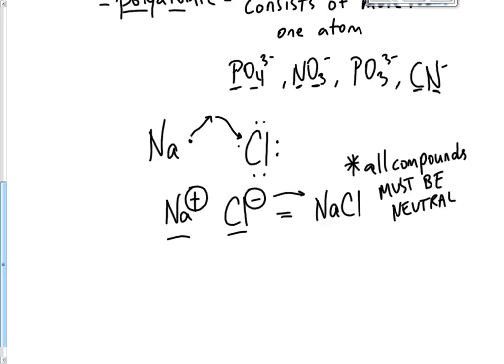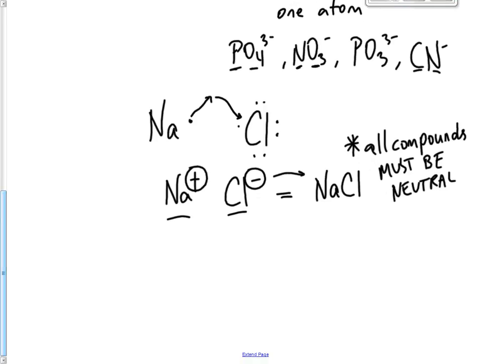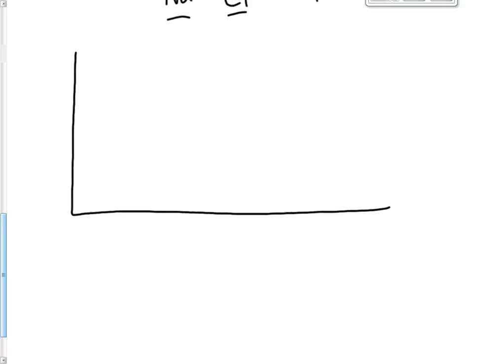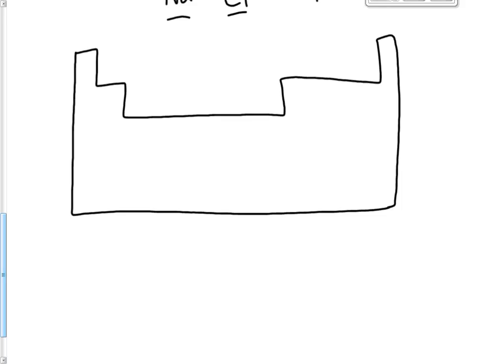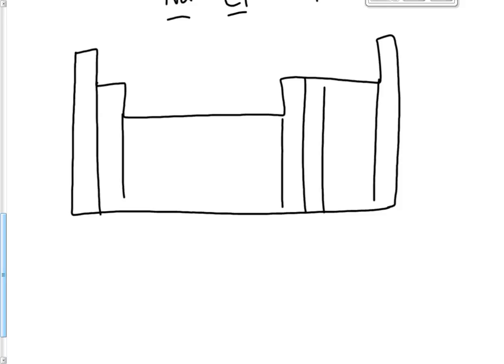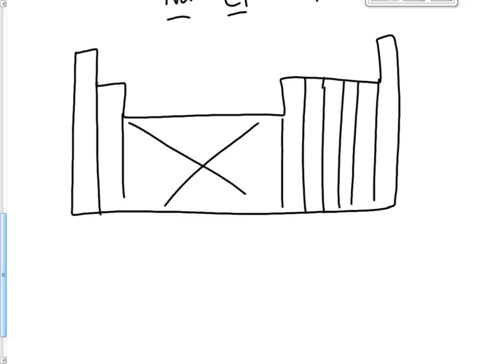Okay. So let's go over one more thing, and then this video will be done. Just as a reminder, this is your periodic table. If this is your periodic table, and we're looking at charges.